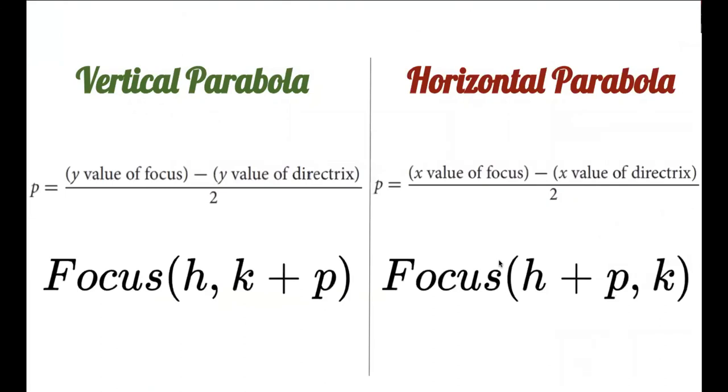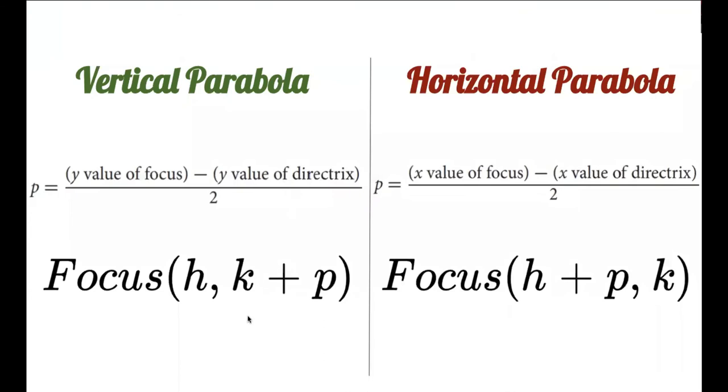Let me go on to our next concept. In order for us to find the value of P, we have to find basically the mid segment of the direction that we're going. So if it's a vertical parabola, we focus on the Y values given from the focus and the directrix. Subtract those two values and divide by 2. That's going to give us a mid value in our Y direction for our vertical parabola.